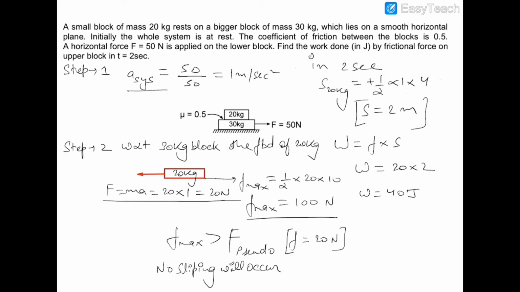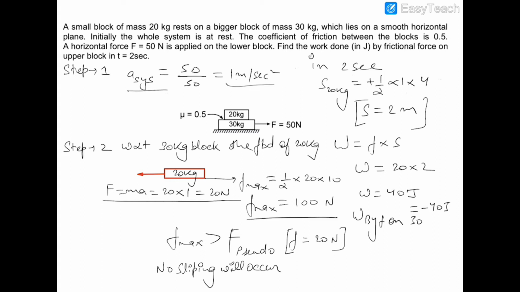There is an interesting fact that the work done by friction force on 30 kg will be equal to minus 40 joule, and you can calculate that if the 30 kg block is also moving with the same acceleration in the forward direction, so its displacement would be same as 2 meter, but the friction acting on 30 kg block will be in the reverse direction. So the work done on that 30 kg block will be negative 40.